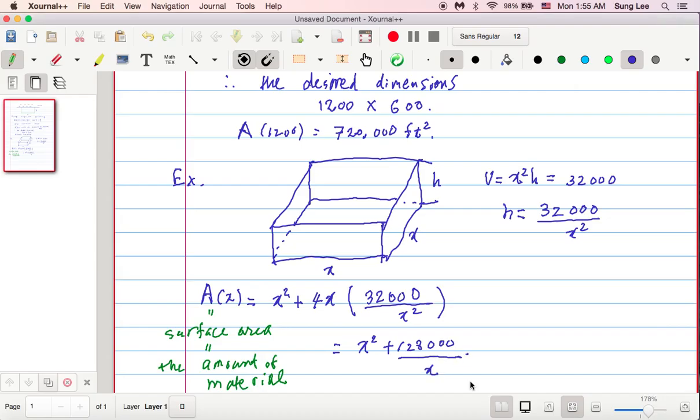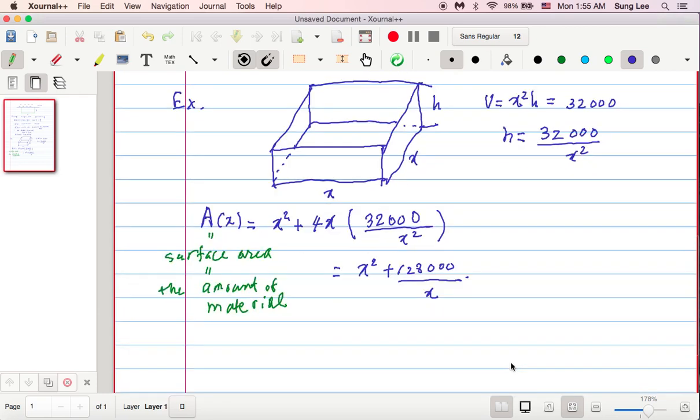So we are trying to minimize this. Again, we have to find a prime of x. We're going to find the critical point.